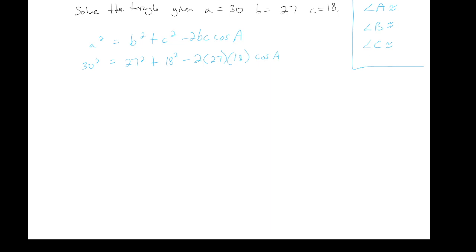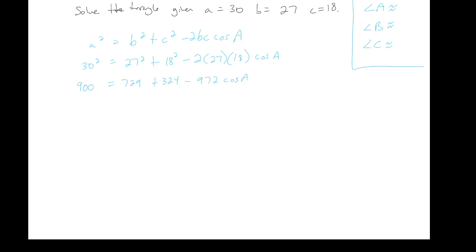So 30 squared is 900, right? 27 squared is 729, plus 18 squared, which is 324, minus 2 times 27 times 18, it's 972 times the cosine of angle A.